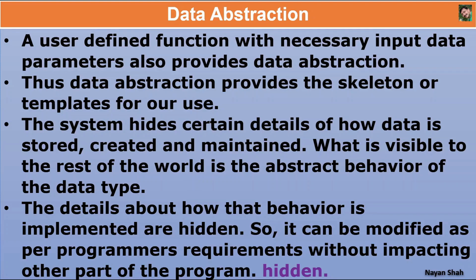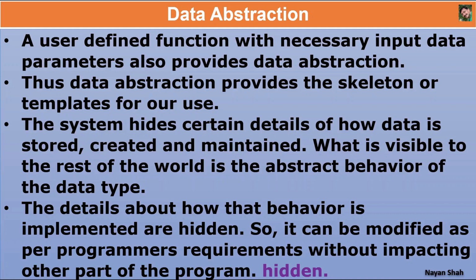Thus, data abstraction provides the skeleton or templates for our use. It just shows what it is doing. So the system hides certain details of how data is stored, created, manipulated, and used. All these things are kept hidden. What is visible to the rest of the world is only the abstract behavior of the data type.